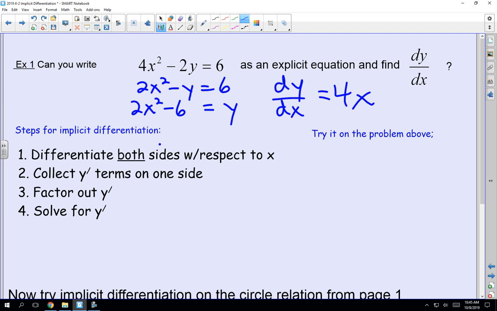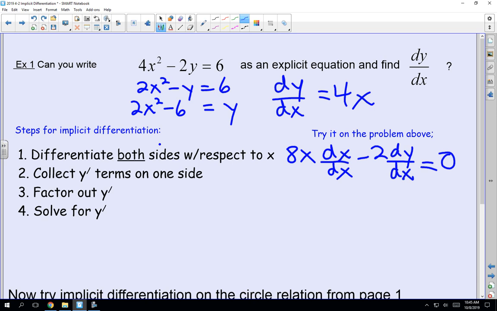We've got to differentiate each piece on both sides. The derivative of 4x squared would be 8x. And if I were to attach something, I would attach a dx dx, but that's equal to 1, so I don't need to do that. And then minus 2 dy dx, and then equals the derivative of 6, which is just 0. That's the first step.